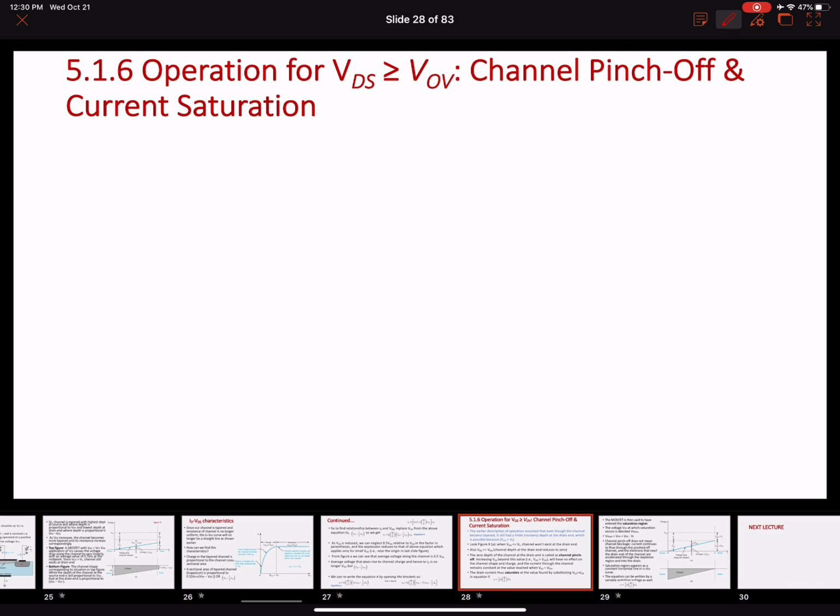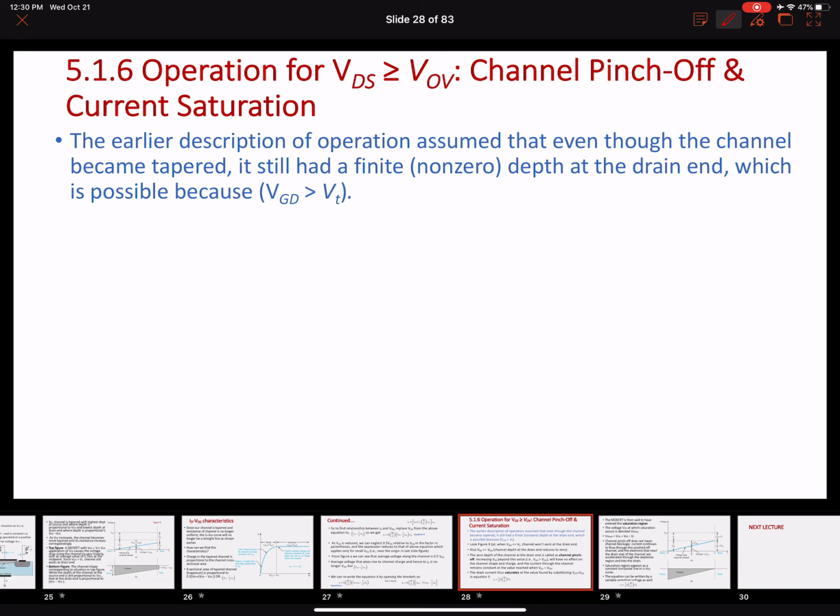Now let's see very quickly the pinch off region. We already discussed most of the details here. For the triode region, our description assumes that even when the channel is tapered, it still has a non-zero depth. At the drain end, the voltage appearing is VGD, which is VOV minus VDS.